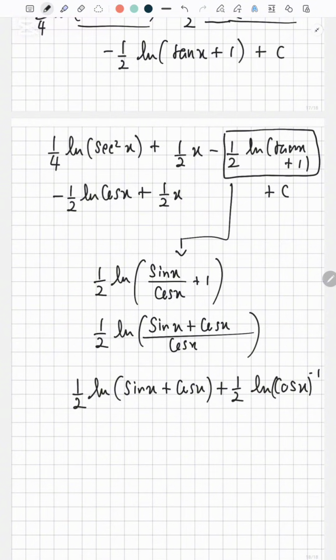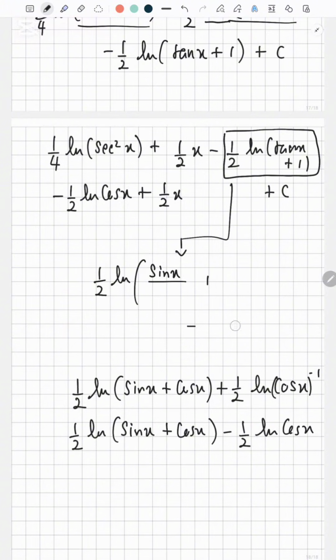Sorry, this should be plus because I didn't consider the minus at first. So then it's going to be half ln of sin x plus cos x minus half ln cos x, right?